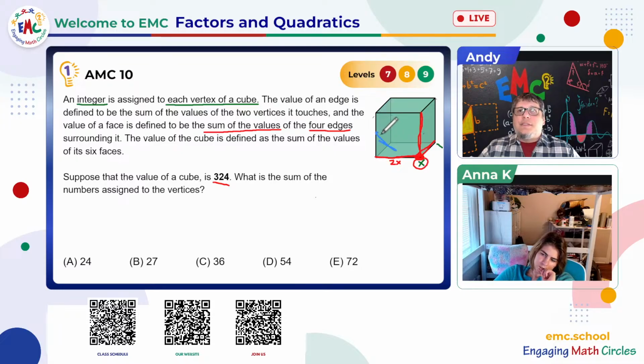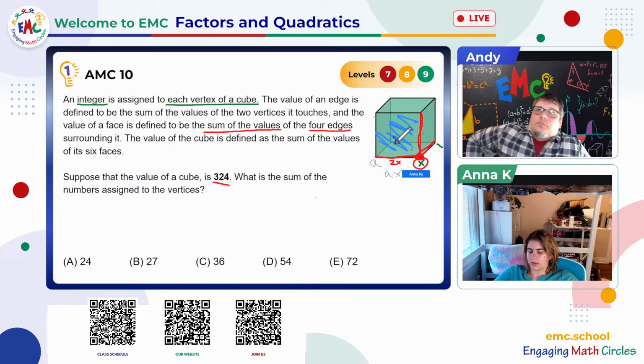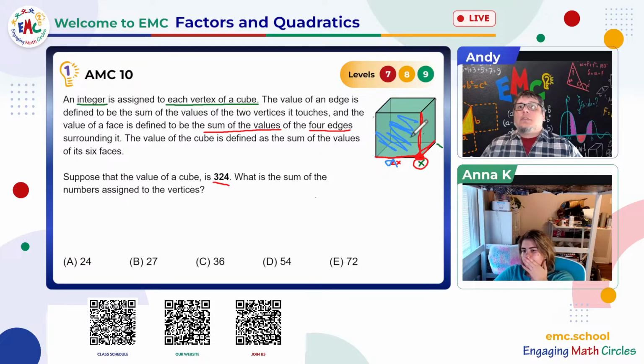What about this face? How many x's end up on that face? 2. Like if this was a and that was x, that would be ax, not 2x. Right.